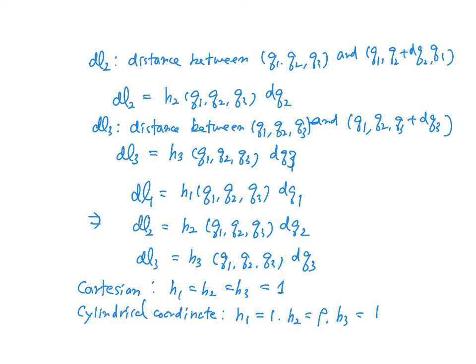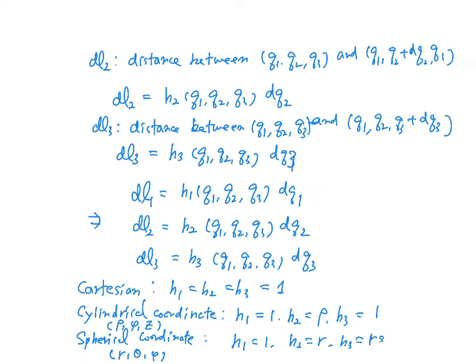Spherical coordinate is defined by r, theta, phi. So h1 is simply 1, h2 is r, h3 is r sine theta.